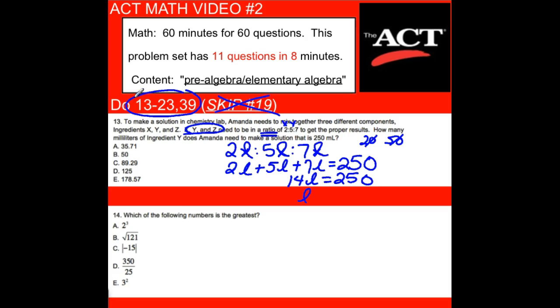Dividing both sides by 14 yields approximately 17.86. This is not the answer because I would need to know how many milliliters of ingredient Y. Y is 5 times that constant multiple, so I need to multiply this by 5, and that'll give me an answer of about 89.29. The correct answer for number 13 then is C.